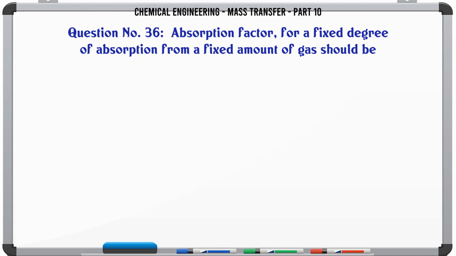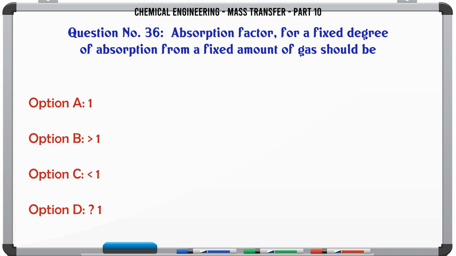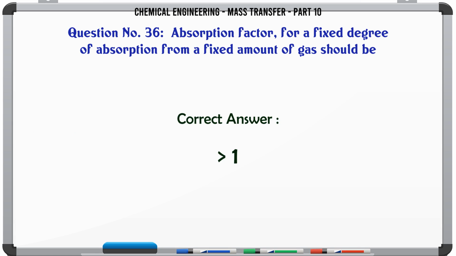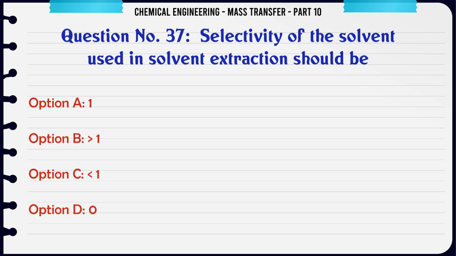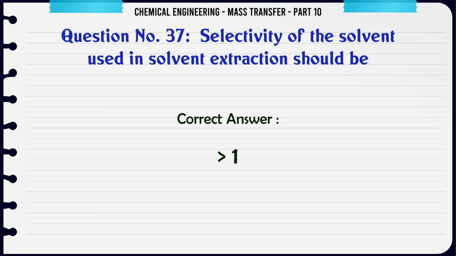Absorption factor for a fixed degree of absorption from a fixed amount of gas should be A1, B1, C1, D1. The correct answer is 1. Selectivity of the solvent used in solvent extraction should be A1, B1, C1, D0. The correct answer is 1.